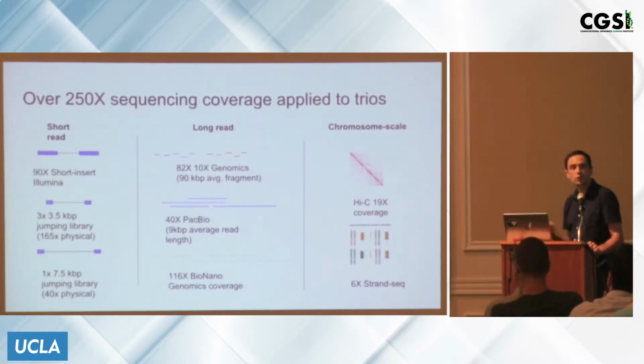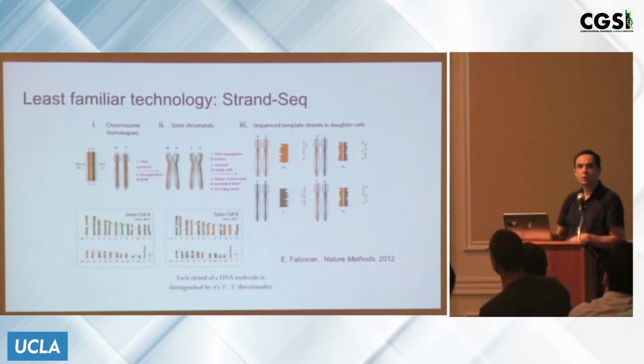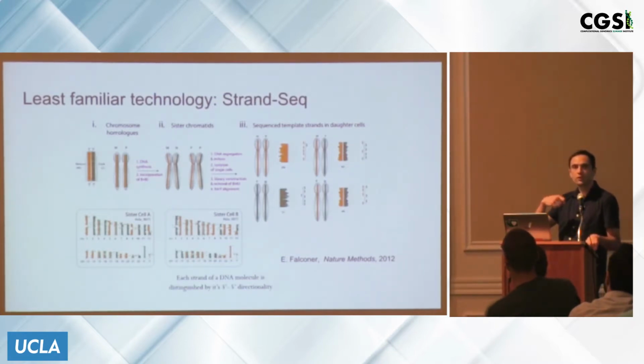These are new approaches to providing very long-range information when doing phasing, and in the case of Hi-C, scaffolding. The technology most people are not familiar with is Strand-seq. What this does is it takes single cells, replicates them in the presence of BrdU, and does a single cell sequencing reaction that is only able to sequence the strand that hasn't been replicated with BrdU.